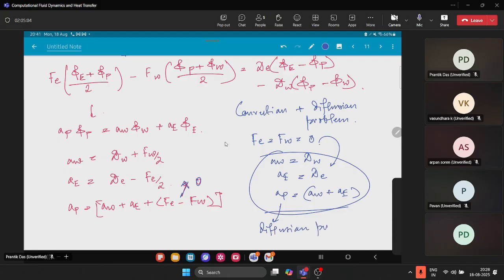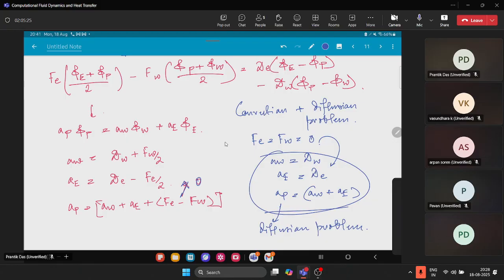One of the main advantages of writing in this format, AP phi P equal to AW phi W plus AE phi E, is that you can write it directly in the program itself. According to the type of discretization equation you are solving, you can write an if statement.